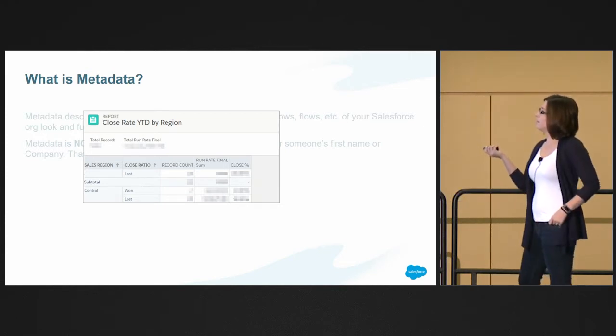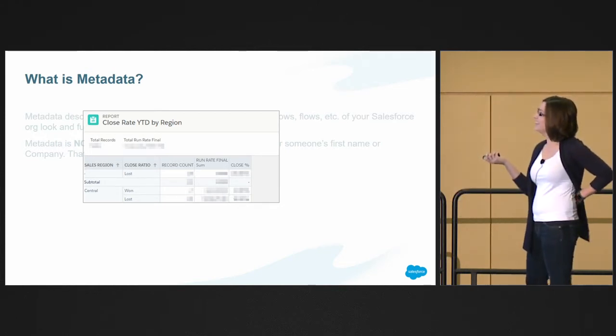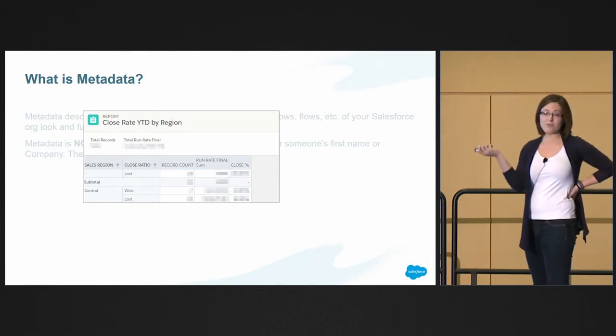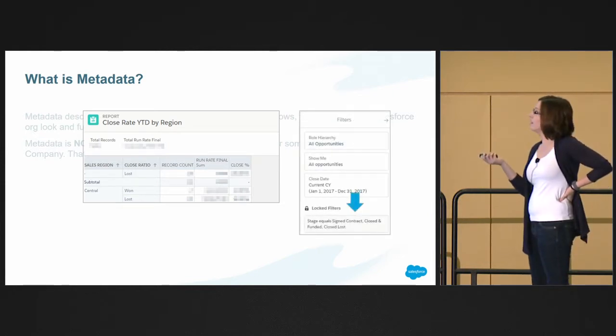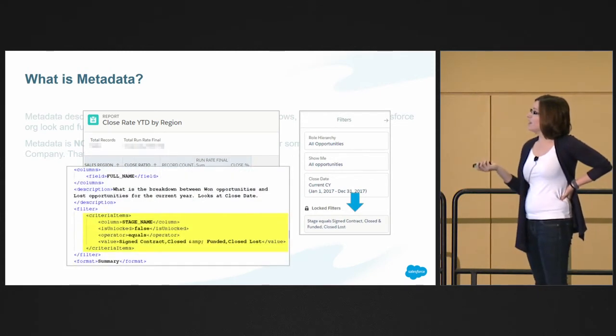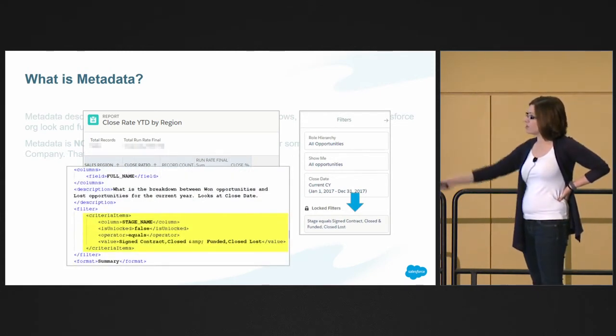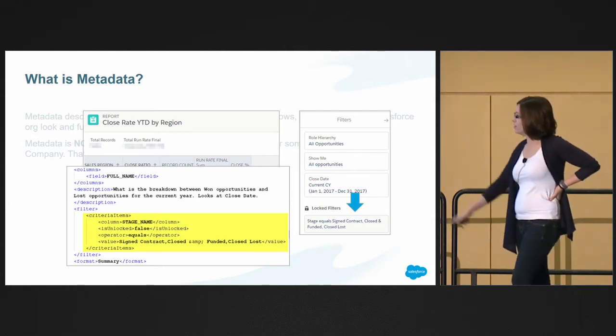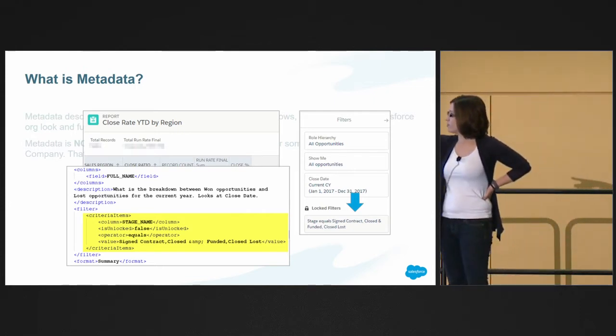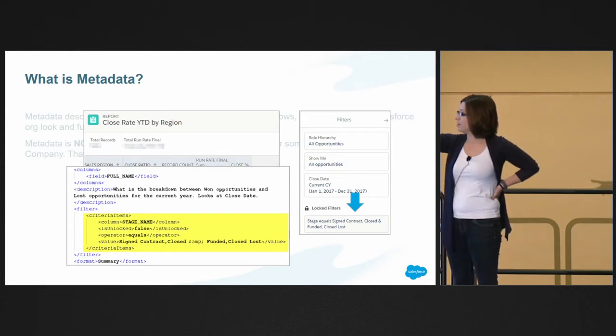But what this is, is a standard report in Lightning. And this report has some filters. And when we look at the metadata, which is this structured text file here, you can actually see those filters are spelled out here in this yellow area.